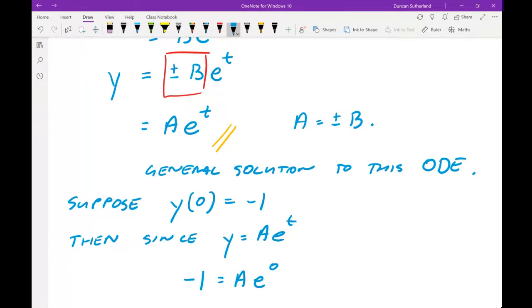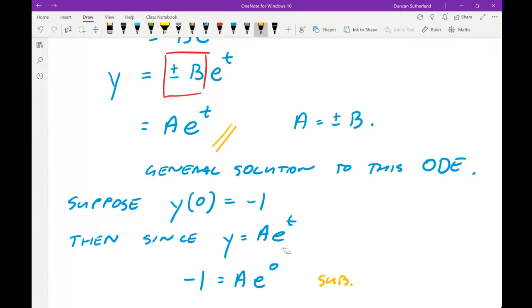I simply substitute the initial condition into my general solution.